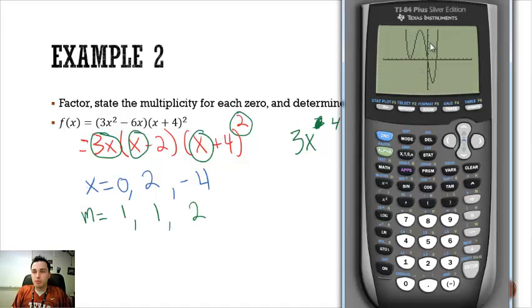And again, proof that both endpoints are going up. I can see it's bouncing off of the x-axis at -4, again because the multiplicity is even. And it's crossing the x-axis at 0 and at 2 because the multiplicities were odd. And that's kind of all you really need to know about multiplicity.